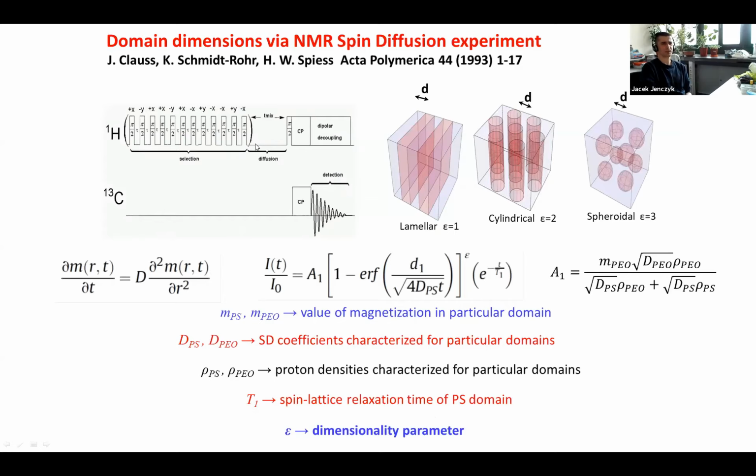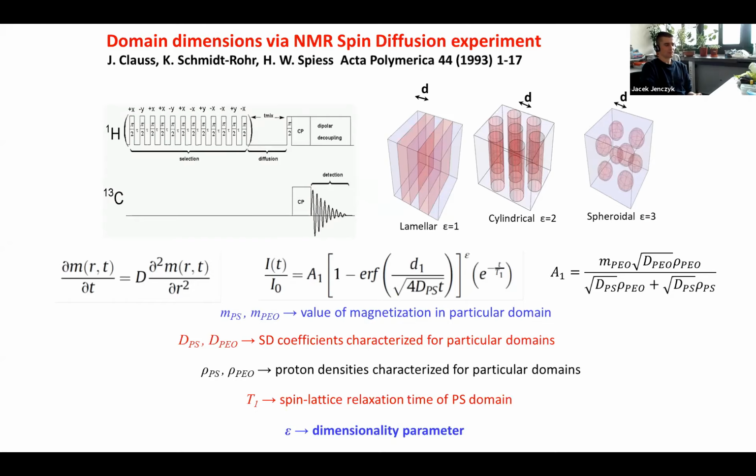we can introduce a non-uniform distribution of magnetization using a so-called dipolar filter pulse sequence, having, for example, two different domains. One domain is, let's say, a stiff domain, so it's based on a polymer having a high glass transition, so it's at room temperature this particular polymer is a very stiff and rigid component, while the second component, for example polyethylene oxide, is the soft component, which displays a relatively low glass transition temperature, for example -70, -60 degrees Celsius.